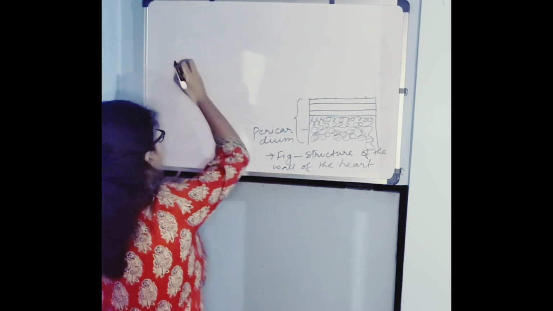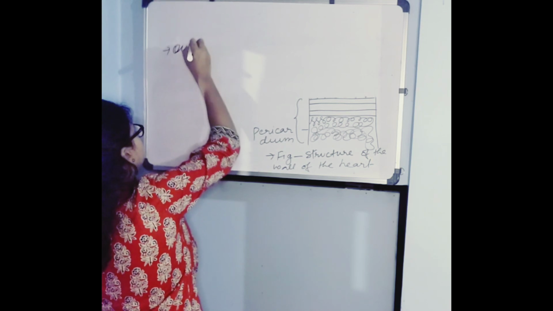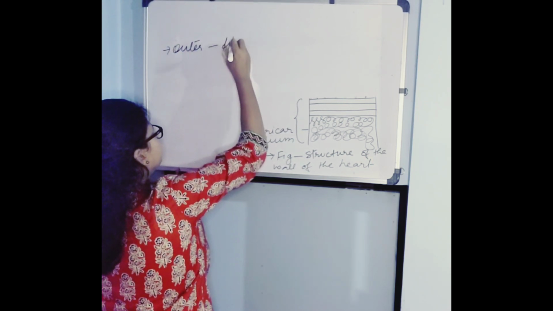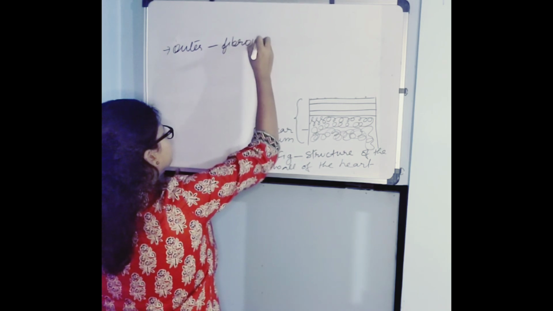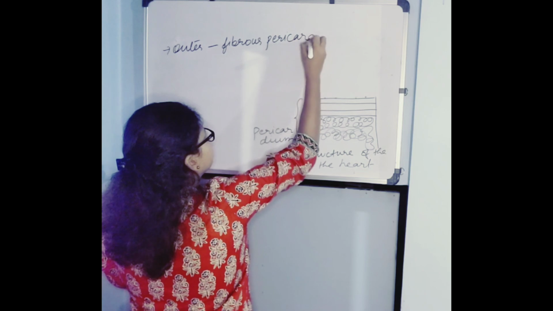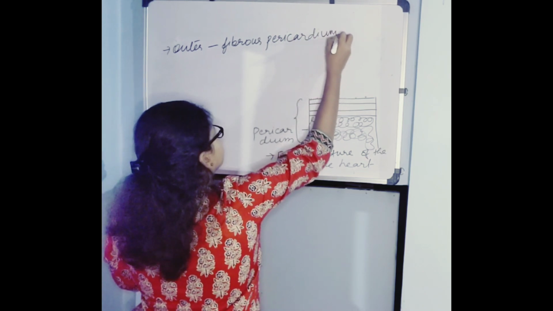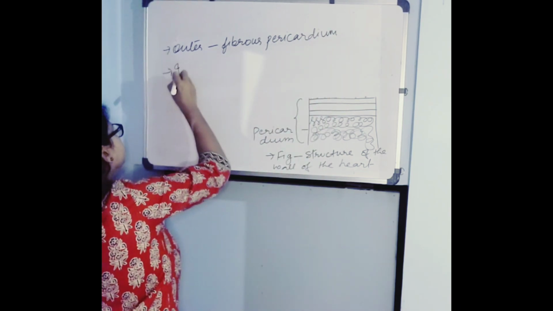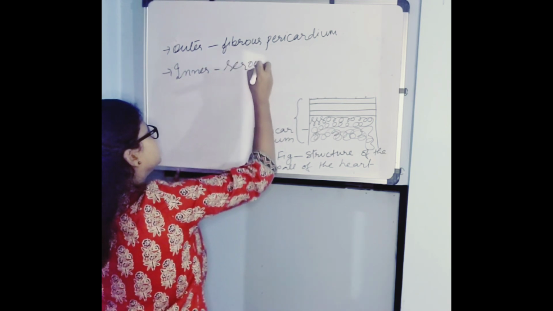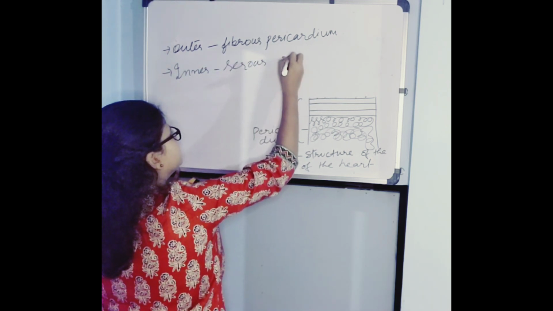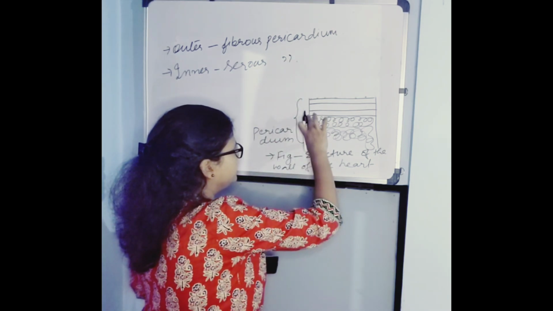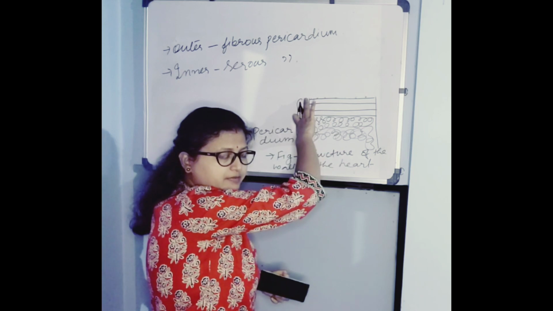Okay, the outer is known as the fibrous pericardium and the inner serous pericardium. This outer part is also part of the pericardium.